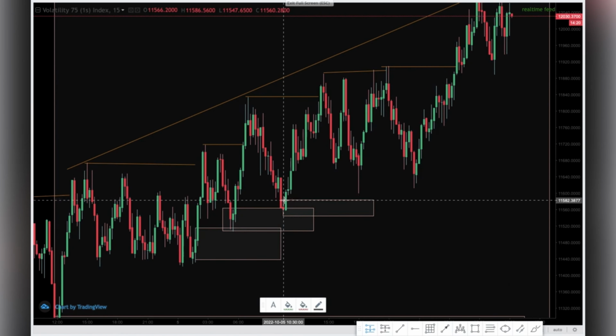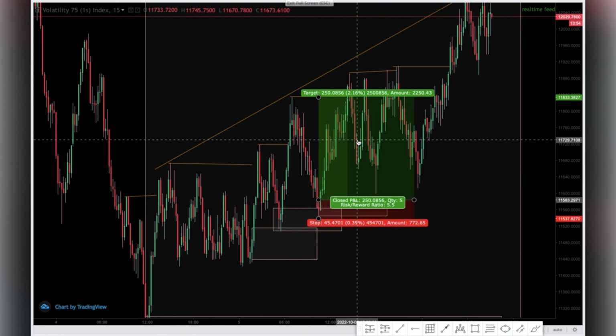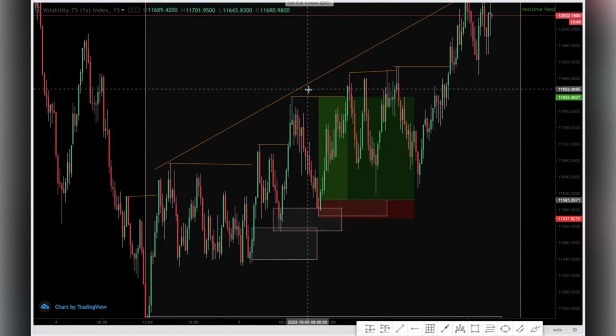The highest point the market was at before coming back to your order block should be your first target, because you know of the double top. At times the market can create a double top with your high and then come against you. You understand? So your first target should be the high, because it literally has nothing to do before you reach that high. So when it impulses to that high, then you take your first profit.